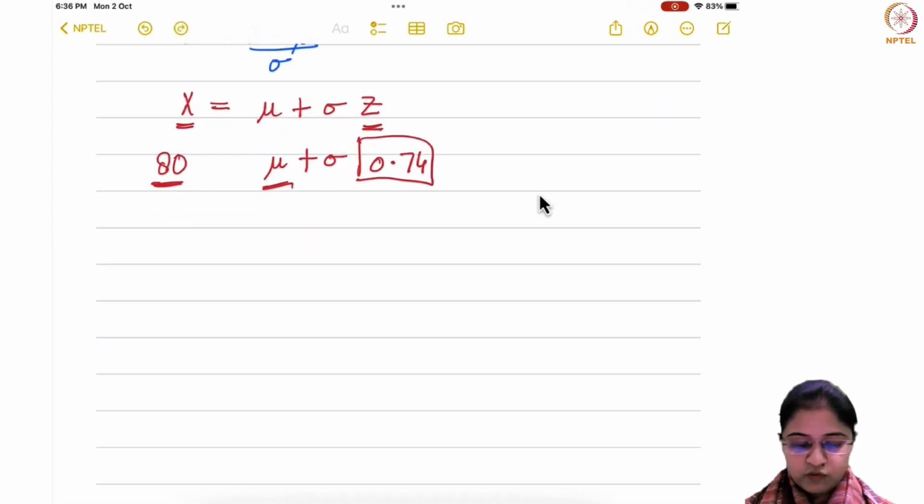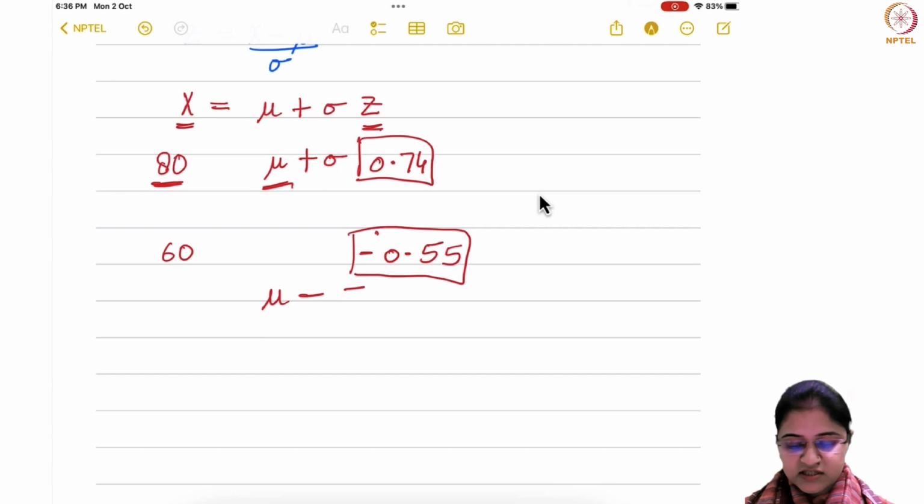Likewise, if you have 60, in that case, what was your z-score? It came out as negative, which is 0.55. So here, it is basically mu minus sigma z, right? Z is 0.55. Or you can say that it is mu minus 0.55 sigma.